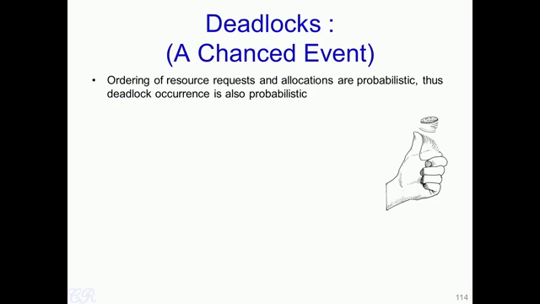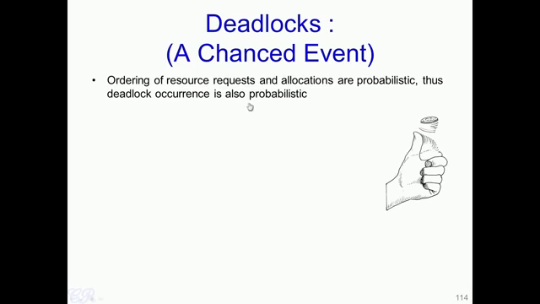So, this being said, a deadlock in a system is a chance event. Essentially, it depends on several factors, such as the way resources are requested by processes, the way allocations are made for these resources, the way deallocations are made by the operating system, and so on.